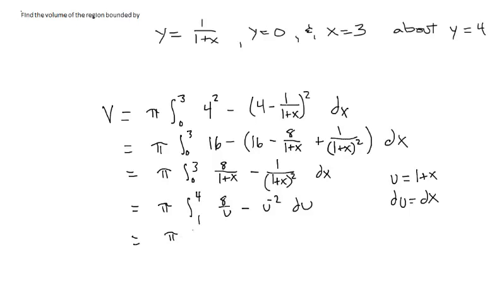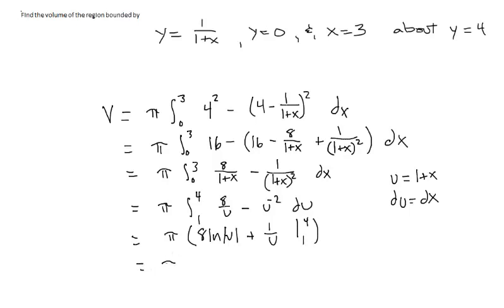And now I have pi times 8 ln of u minus, and then we're going to have u to the negative 1 divided by negative 1, which is going to make our minus plus and leave us with 1 over u evaluated from 1 to 4.